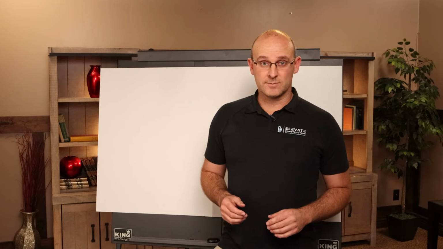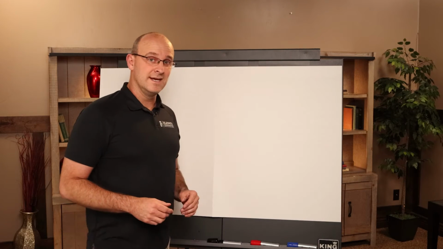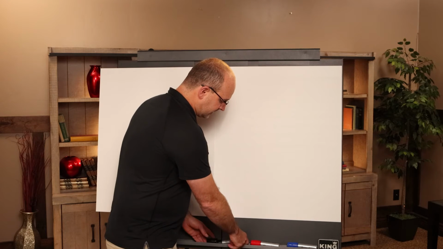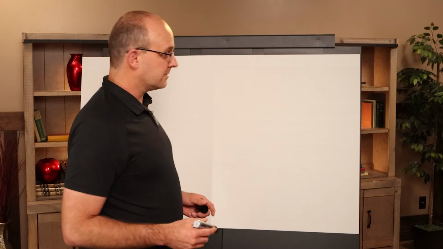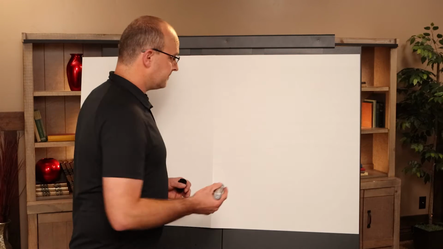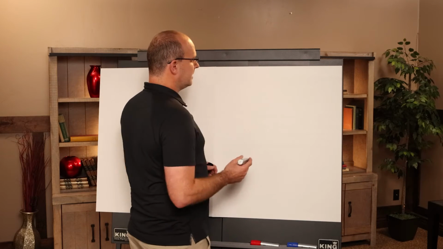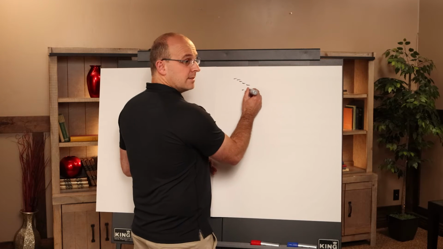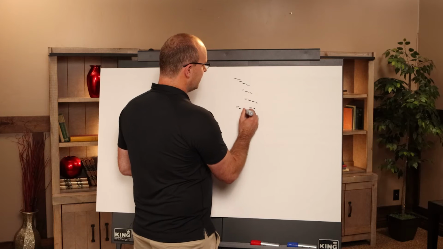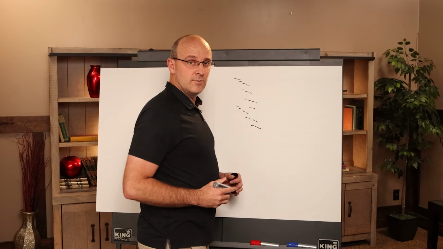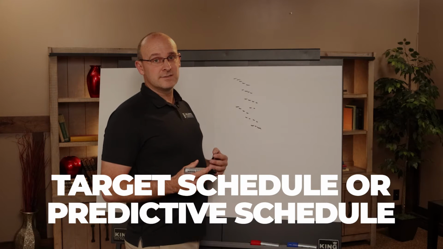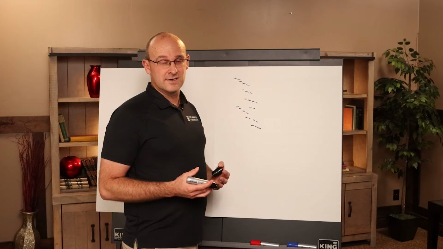But there's a problem. A lot of people have a really negative impression about value engineering, and quite frankly they should. Let me tell you what typically happens. So I'm going to tell a story here. When general contractors typically go propose on a project, they will create a CPM schedule, and that CPM schedule will be what they call a target schedule or a predictive schedule, and it's basically the demand side of the equation.